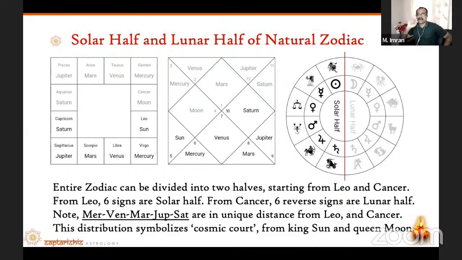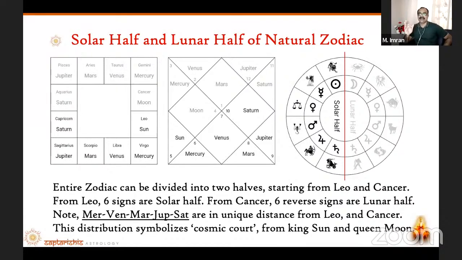If you look at the screen, starting from Leo, count six signs zodiacally: Leo, Virgo, Libra, Scorpio, Sagittarius, Capricorn. These six signs are called the solar half of the zodiac.